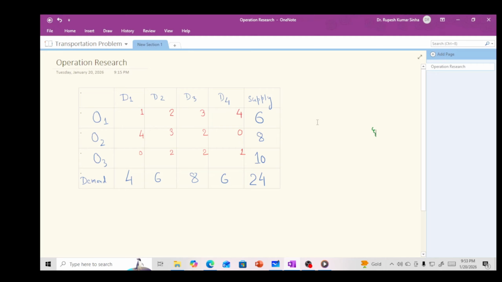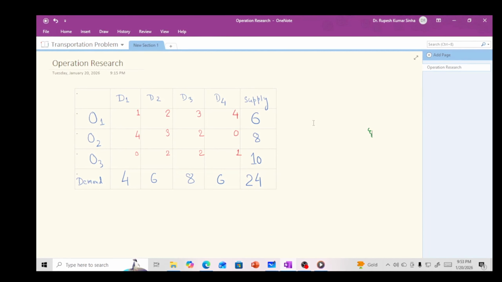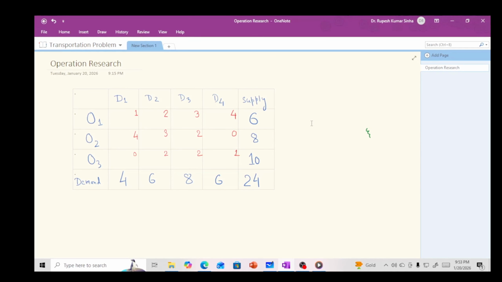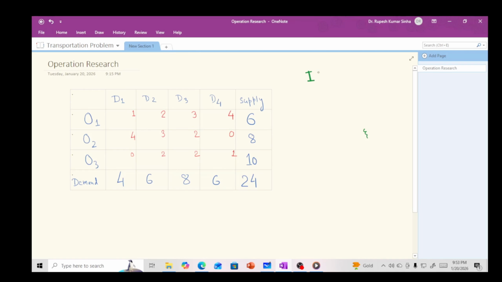So how to solve this type of problem? First we get the initial basic feasible solution. This we can find by three different methods. The first one is the northwest corner rule.